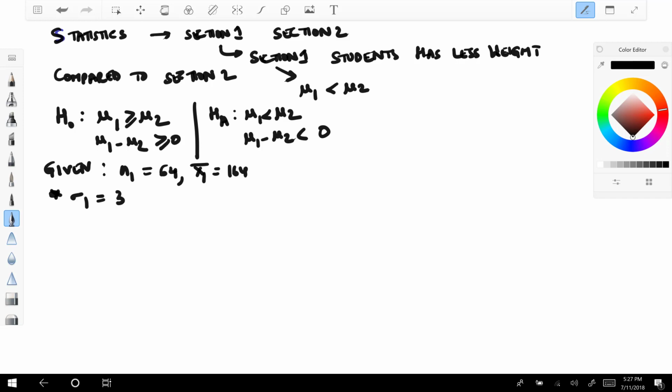And for my sample 2 I take again 64 students and I get the average weight, or the mean, of 180 pounds, and then my sigma 2, which is again standard deviation is known, and it's 4, and I'm using a 95% confidence interval.